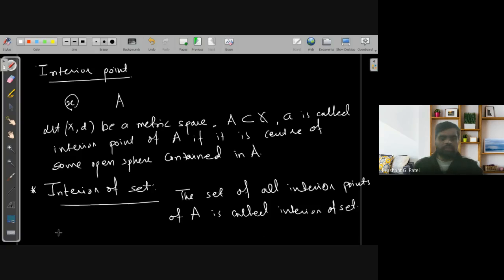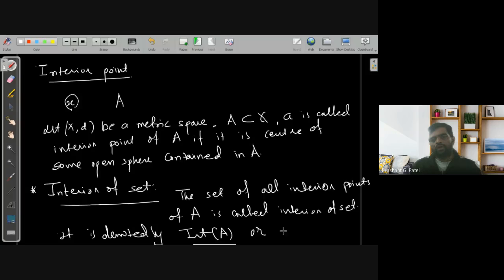It is denoted by interior of A, or in some books it is denoted by A with a circle. So ultimately, what is this interior of a set A?